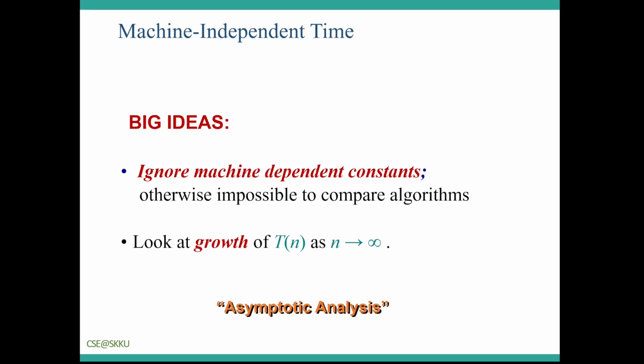Okay, so we want to ignore this kind of machine-specific constant. So in this case, we can purely focus on the algorithm itself. Okay, so we use asymptotic analysis when n goes to infinity.